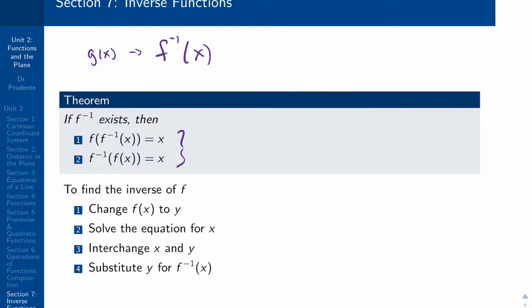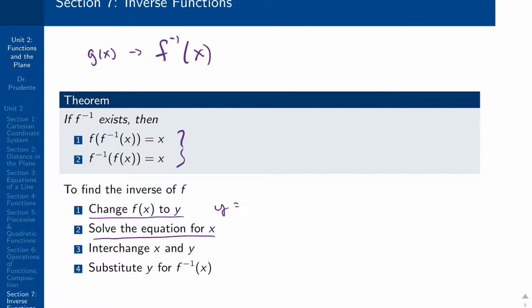And so the question is, how can we find this inverse? And we have these 4 steps. When we start, we'll change f of x to y. And then we'll solve that equation for x. So in the first step, we'll have some function that looks like y equals.